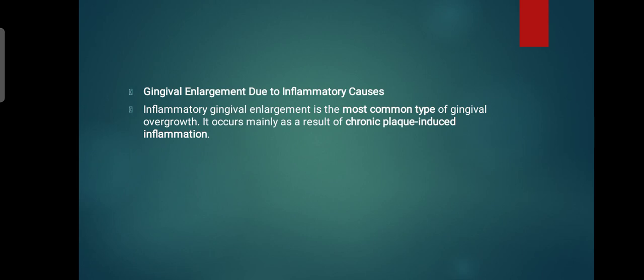Due to poor oral hygiene, the plaque deposits around the teeth and gum area, and if it is not treated, if the oral hygiene does not improve, then inflammation occurs.